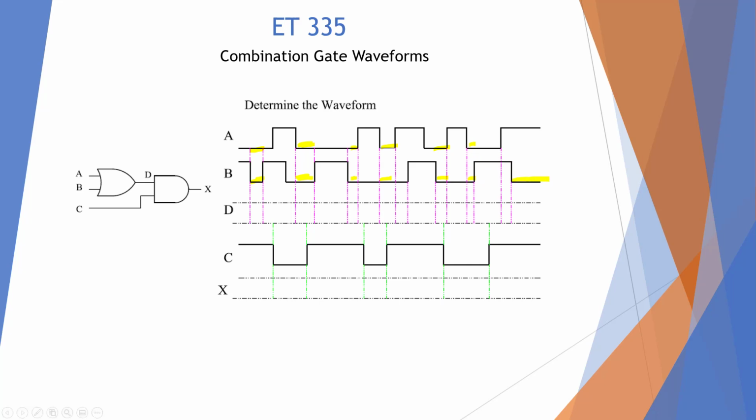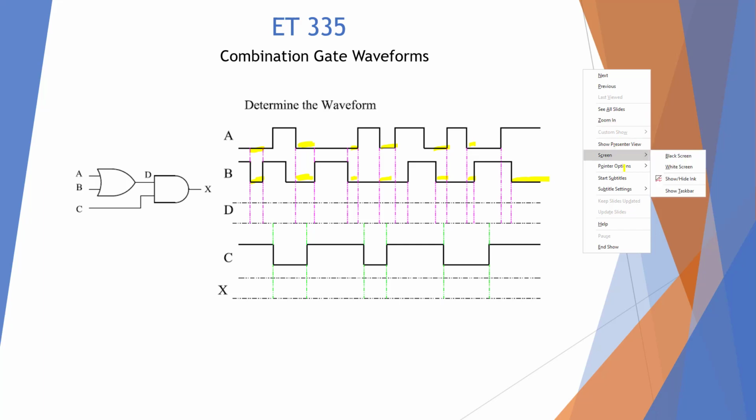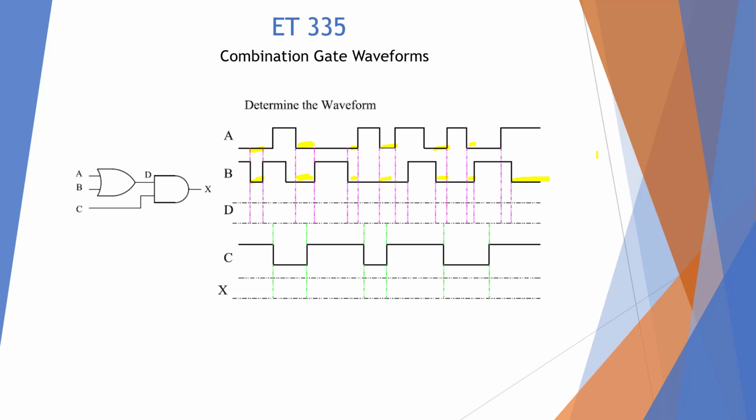And hopefully I got them. So now let's change our pen. Let's go ahead and evaluate. So wherever we have two lows, we're going to have a low.